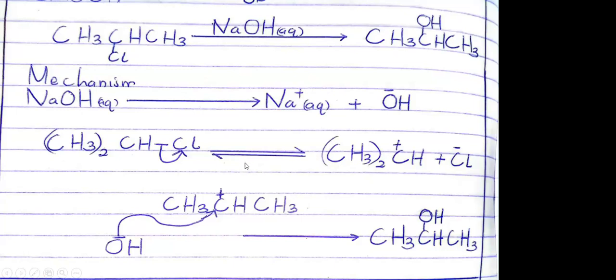So when writing a mechanism, it is okay to write the word slow on these arrows, showing that the reaction occurs but is slow. And then finally, the hydroxyl attacks the carbocation and we form the alcohol, in this case propan-2-ol, a secondary alcohol.